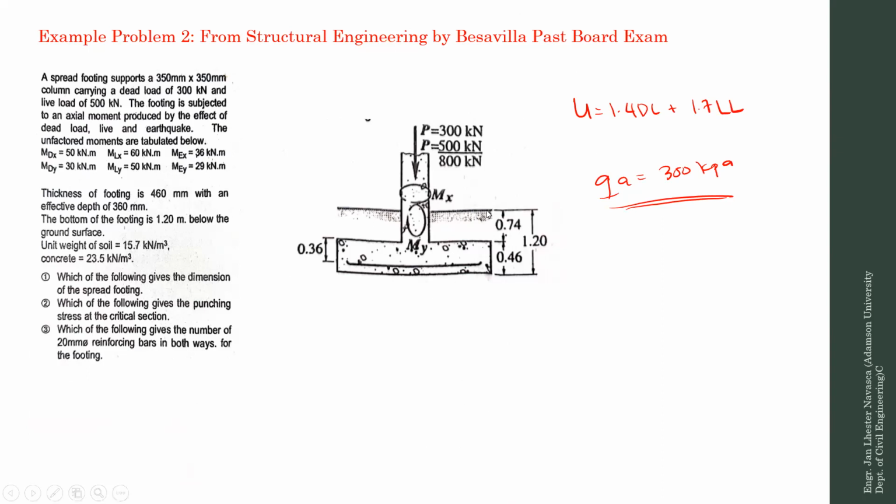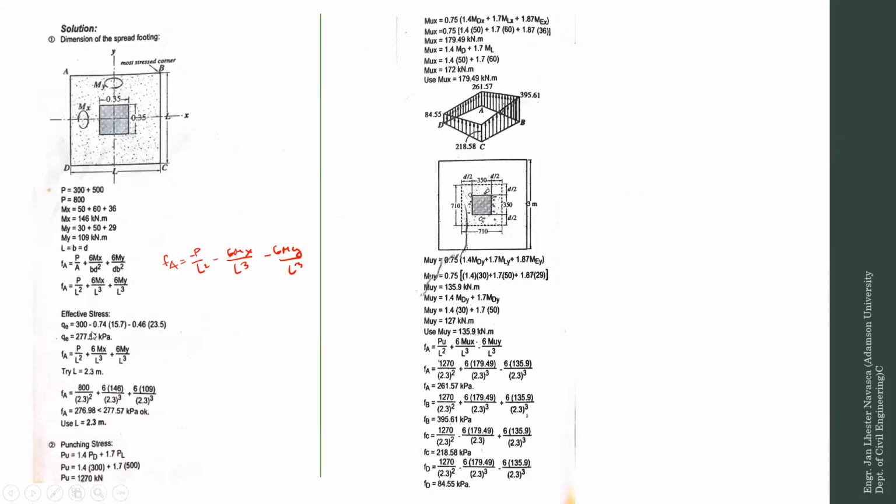Okay, that is why 0.74. Okay, so this is the unit weight due to soil, and this is the unit weight due to concrete, and there is no pressure or surcharge pressure at the top. So therefore, your Q sub E is 277.57.